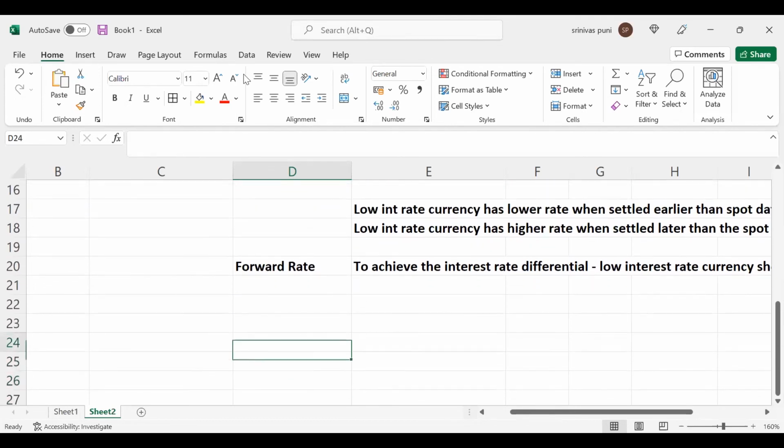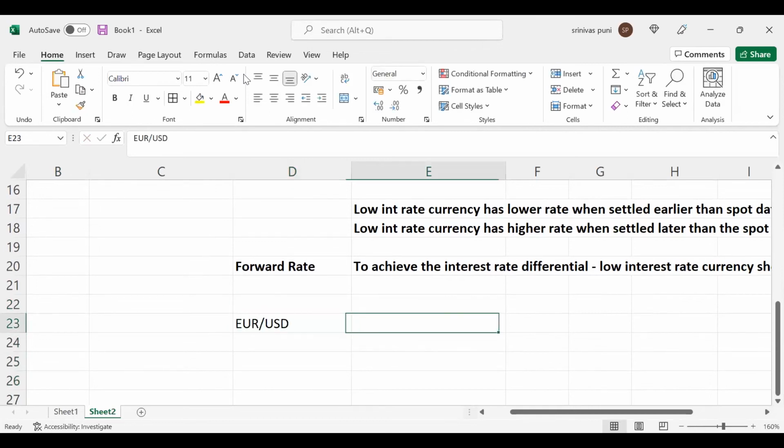Let us understand the same logic with euro dollar, euro to USD.